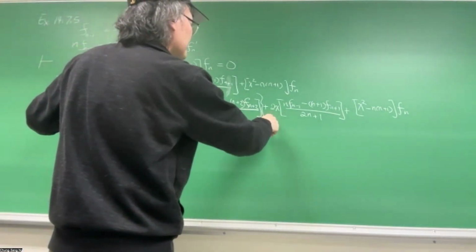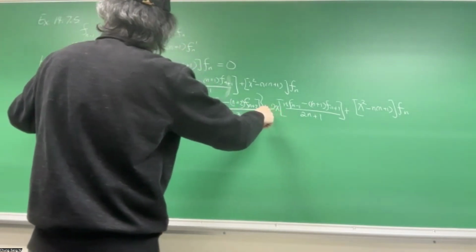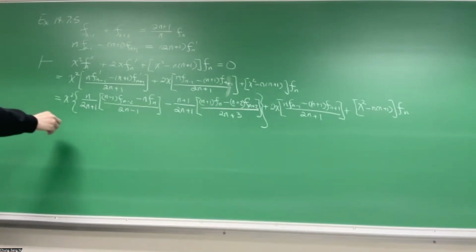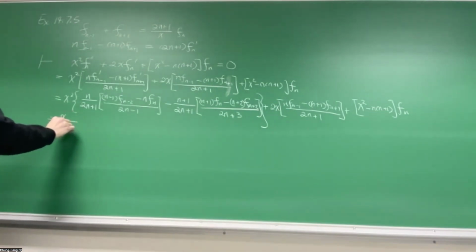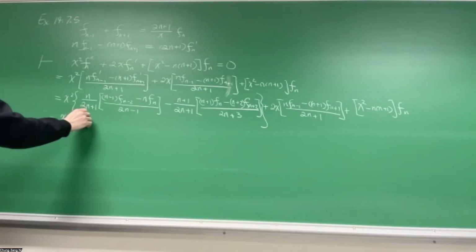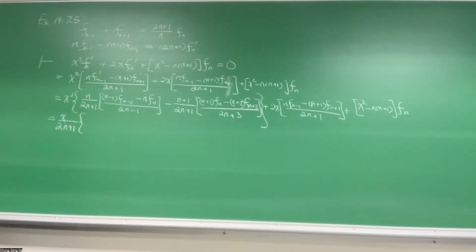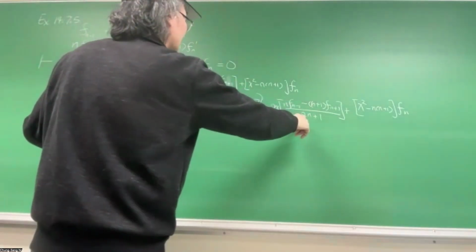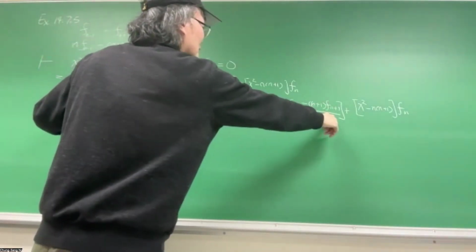This has an x squared, this has an x, right? You can pull the x over 2n plus 1 out. Hopefully that will help to not carry too many factors. And so now these three terms I group together.